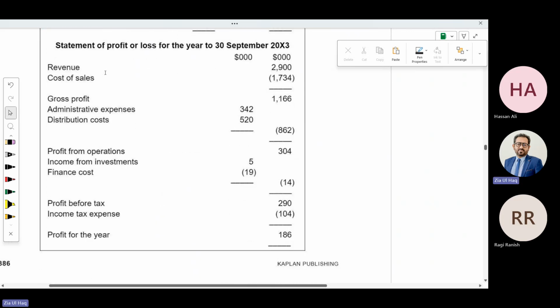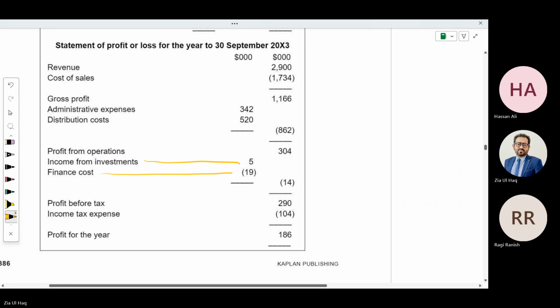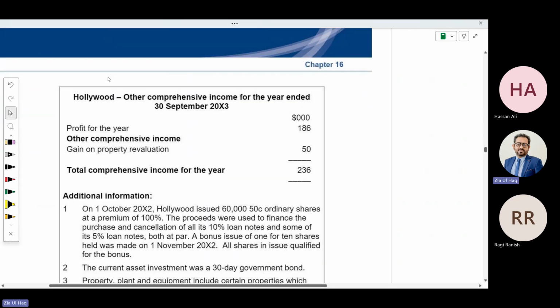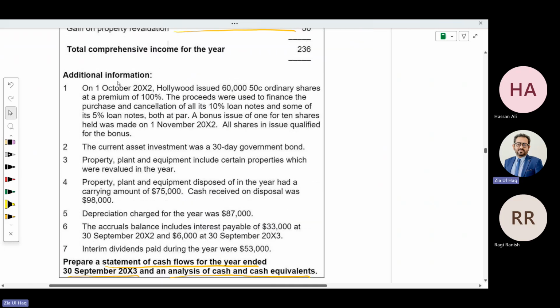Profit and loss account data: income from investment, finance cost, profit before tax, tax charge during the year. In comprehensive income, we have revaluation. And then some additional information 1 to 7.